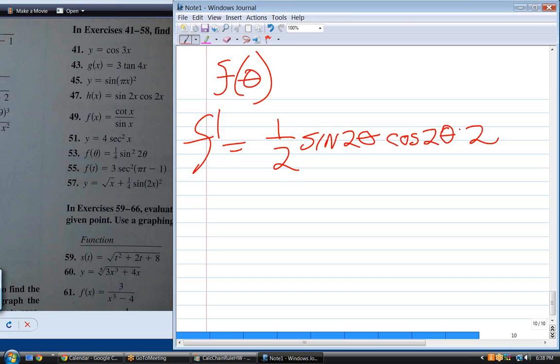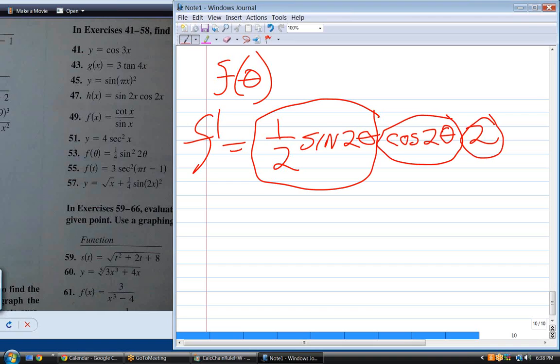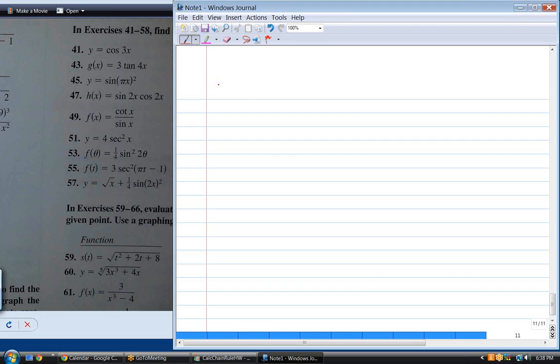Yeah, very good. That was the derivative of the outside. That was the derivative of the first inside. That was the derivative of the second inside. Now, some of these are going to get really hard to figure out what is the first inside and what is the second inside. But let's just keep going. When we encounter one, we'll figure it out.